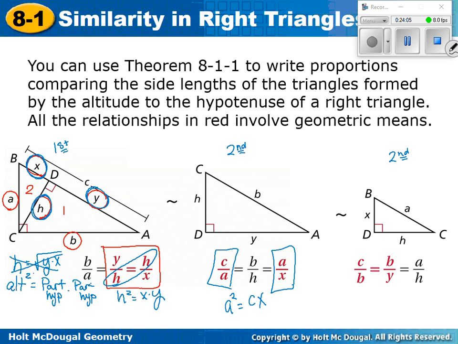This is going to say that the leg squared is equal to, what is C over here in this big triangle? Not big C, little c. Little c is the hypotenuse. So this is going to say leg squared equals the hypotenuse times, what is X in this picture over here?